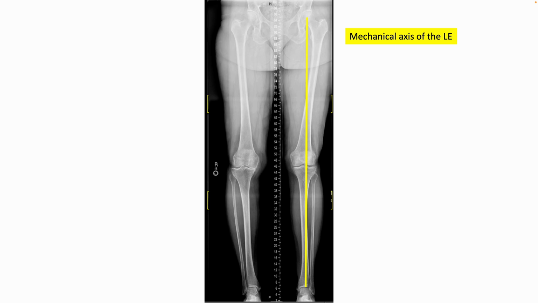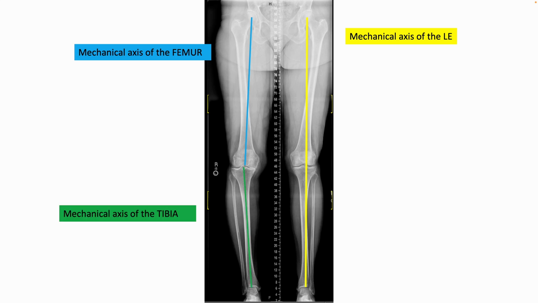The mechanical axis of the lower extremity is defined as the line that is drawn from the hip center to the center of the tibial plafond. The mechanical axis of the femur is defined as a line from the hip center to the notch of the distal femur. The mechanical axis of the tibia is a line drawn from between the spinous processes to the center of the tibial plafond.